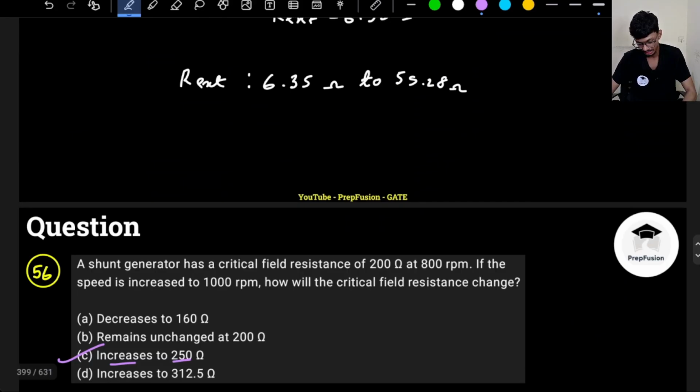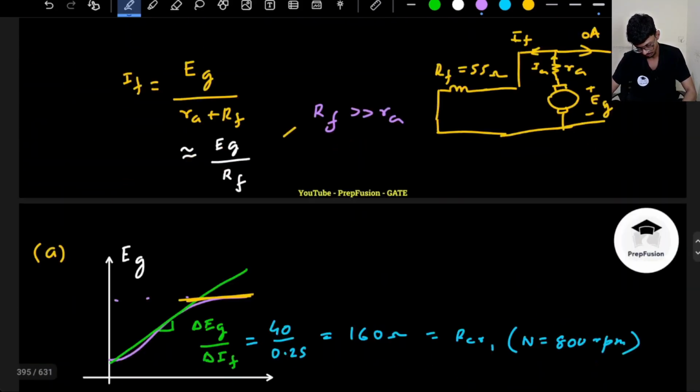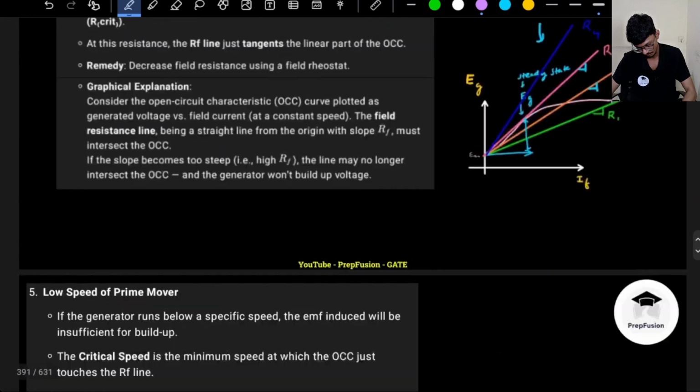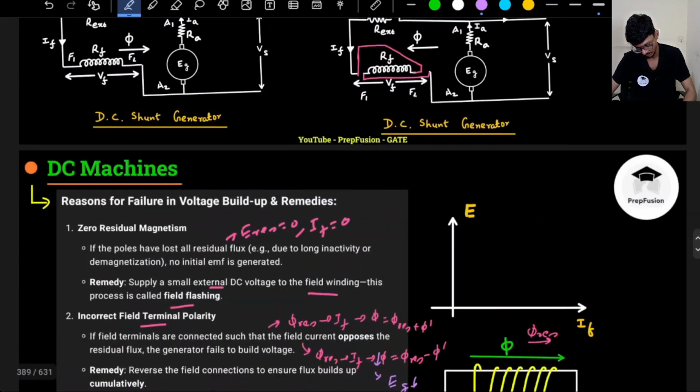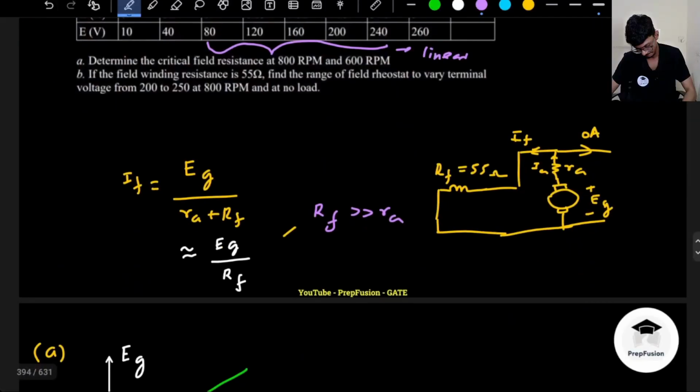Now let's discuss the load characteristics of the DC shunt generator. What will happen in case of a DC shunt generator? Let me bring back the previous graph, this graph. One graph I had, I guess this is the graph.